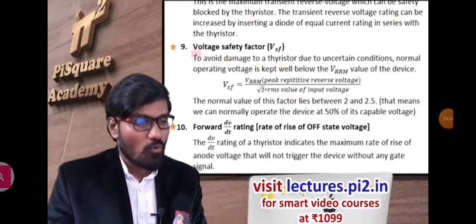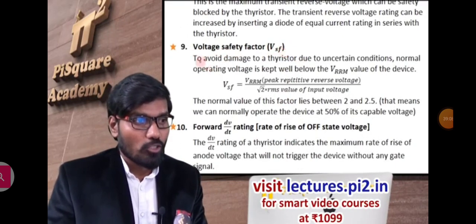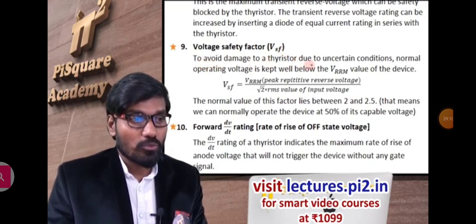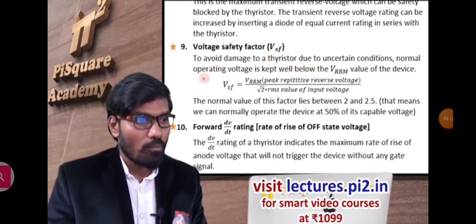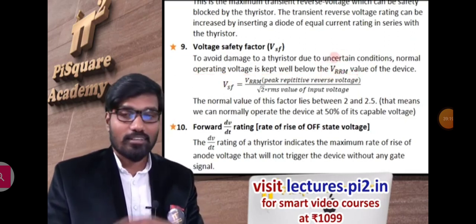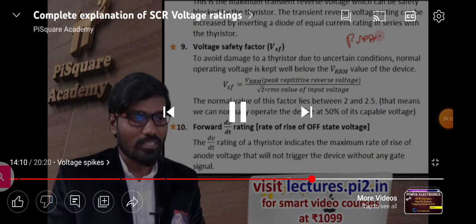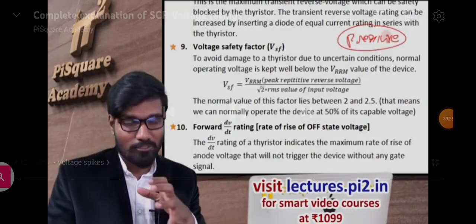Then the next rating is voltage safety factor, VSF. To avoid the damage of thyristor due to uncertain conditions, normal operating voltage is kept well below this voltage. Means suppose your girlfriend can withstand a certain amount of pressure.